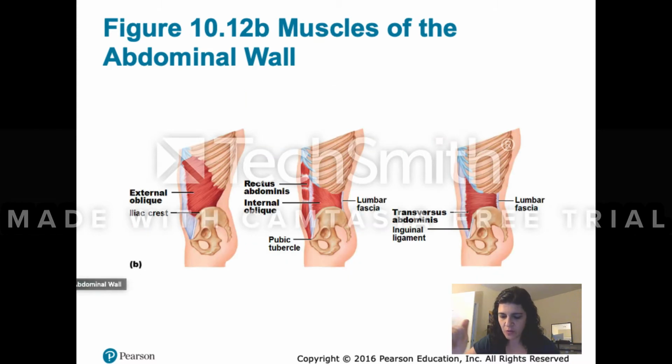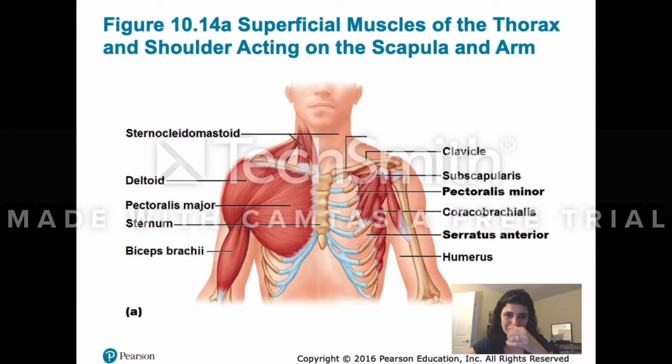We already talked about respiration. Let's start talking about other muscles from the thorax. So now anterior thorax. So we have the pectoralis major, which is this muscle here, right?